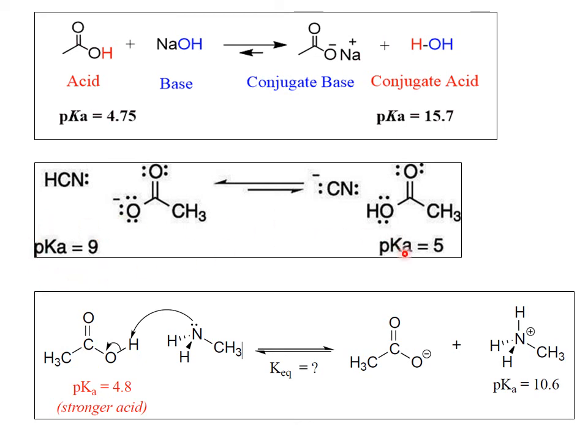HCN or carboxylic acid? Since this is the lower number, what do we know from the table? If the pKa is a lower number, it is a stronger acid. So the direction is from stronger acid to weaker acid.